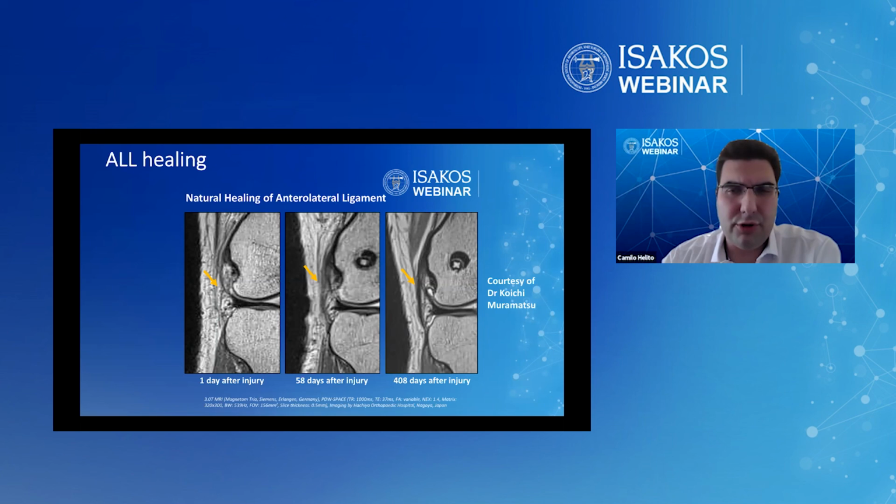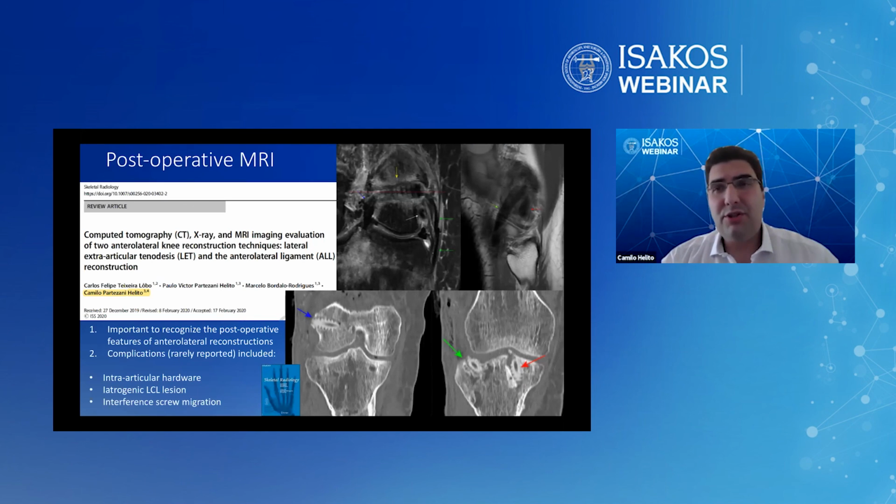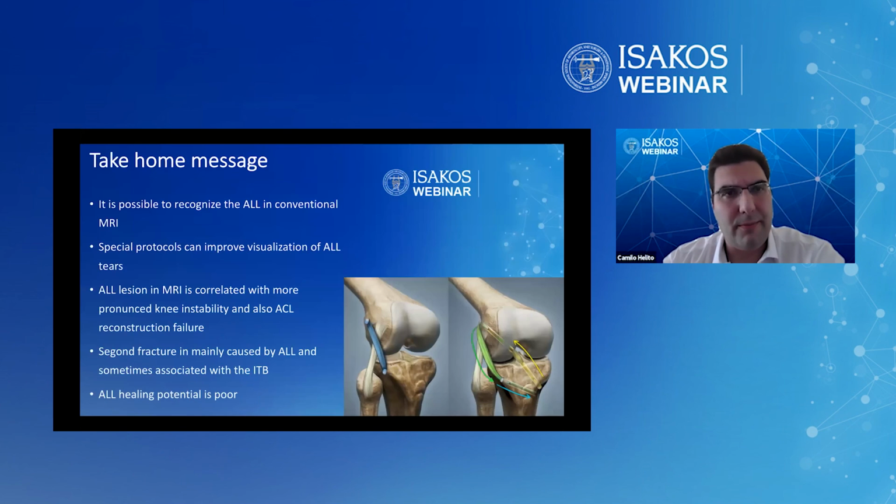In MRI, of course, we need to study the function of these structures. And we need to train ourselves in post-operative MRI and also other imaging evaluation methods, because as these reconstructions are becoming more popular, we need to understand how to deal with them in post-operative MRI as well.